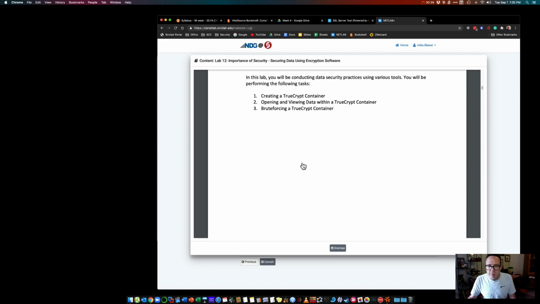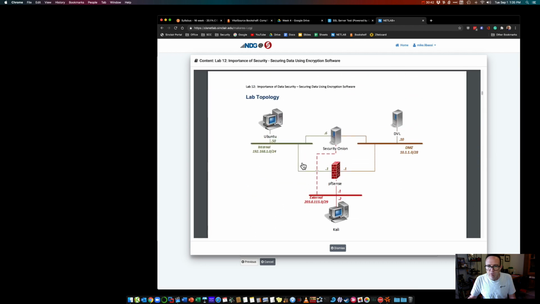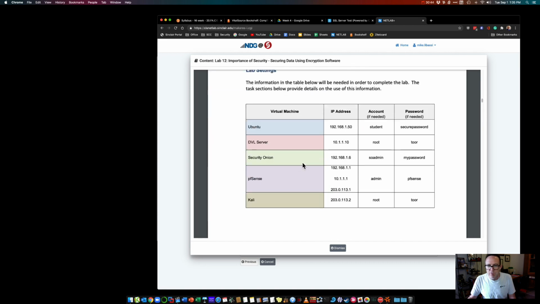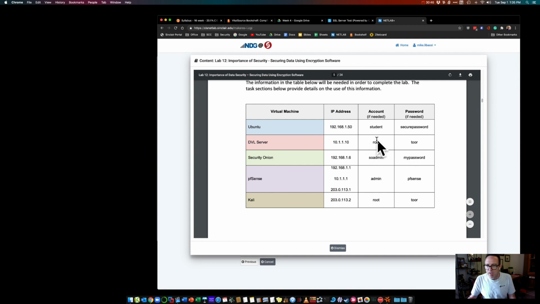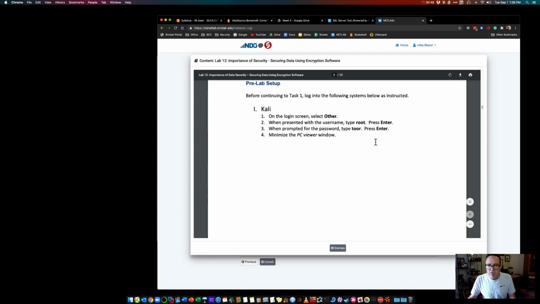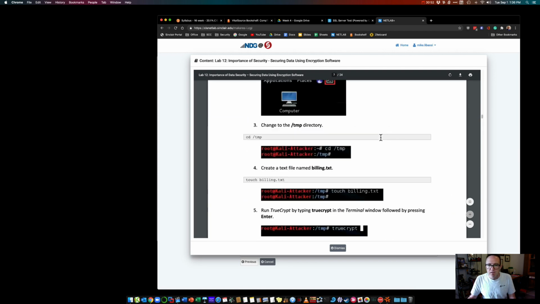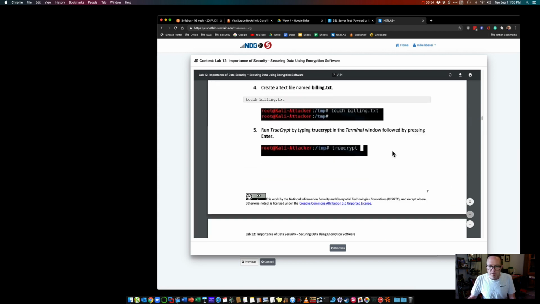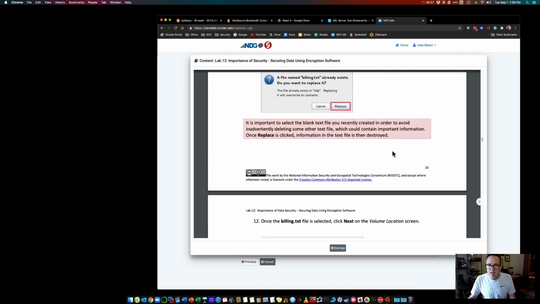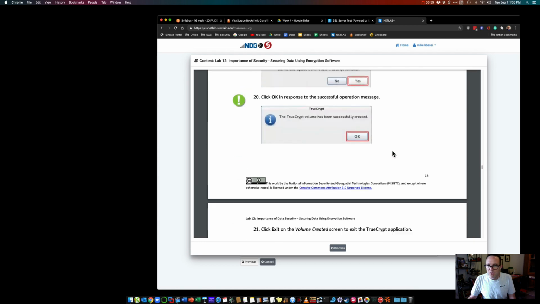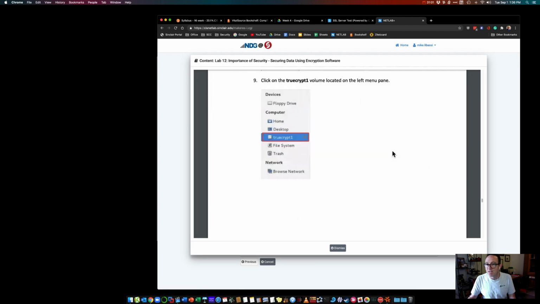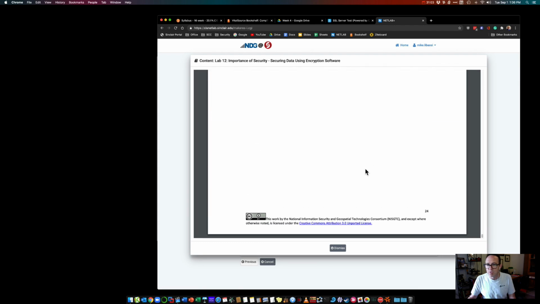So don't forget the lab itself. Information about the lab logins is here. Make sure you follow any pre-lab setups. Don't skip over those. I'm going to go through the lab itself. You can walk through it, and I think it's pretty straightforward. You'll see the danger of using a weak key, in this case, in a TrueCrypt container.